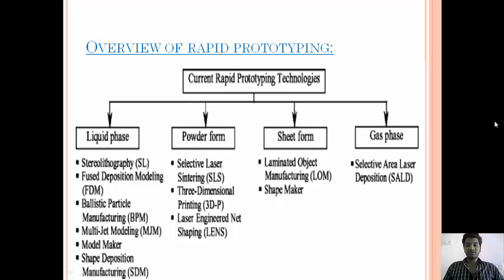In liquid phase, the material we take is in liquid form. In powder form, the material is in powder form, and mainly we use the SLS method, 3D printing, and laser engineered net shaping. The rest are sheet form and gas form.